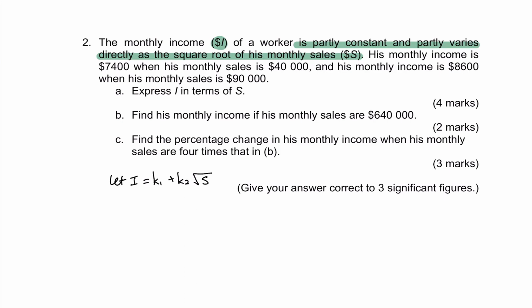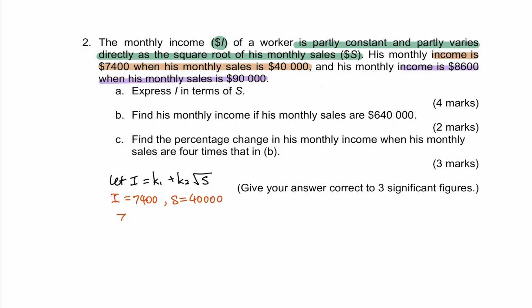And then what's given? Let's see. If the income is this and the sales is this, or if the income is this and the sales is this. So input the first one first. The income is 7400 and the sales is 40k.